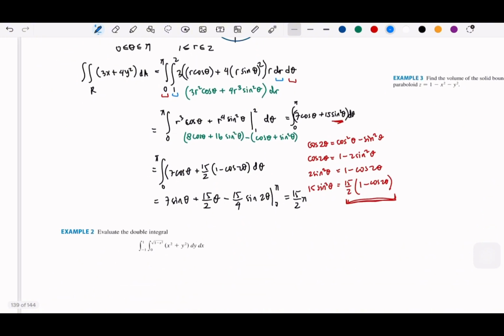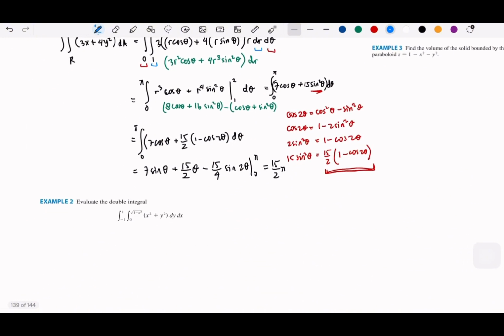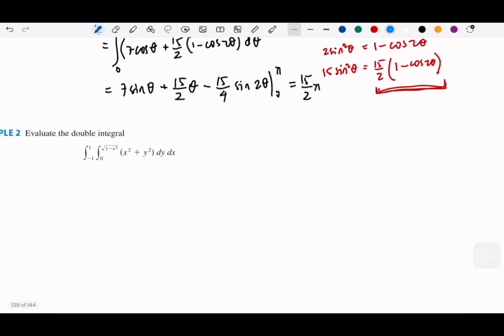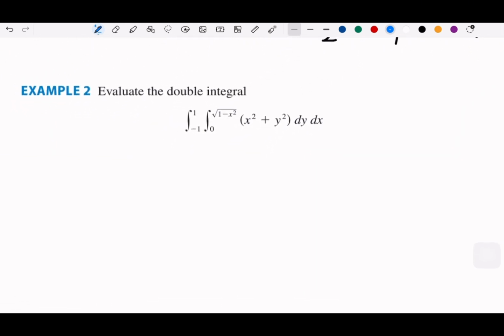If we have another example here, perhaps example 3, I will leave that for you. I will get into example 2 for a while. We have a double integral that we are going to integrate with respect to y and then with respect to x, which means y is for the inside integration, from 0 to square root of 1 minus x squared, and dx is for negative 1 to 1.